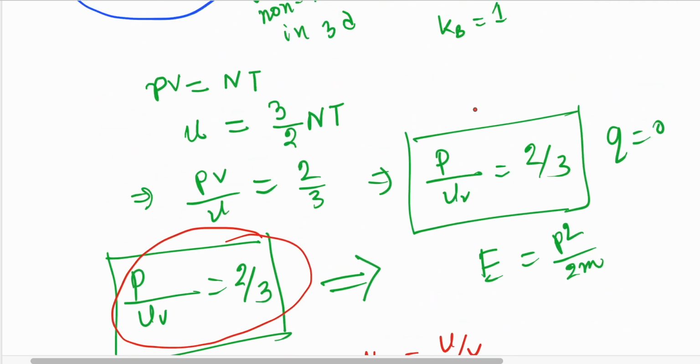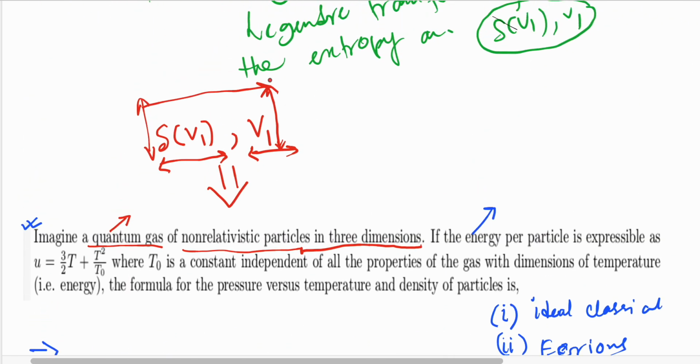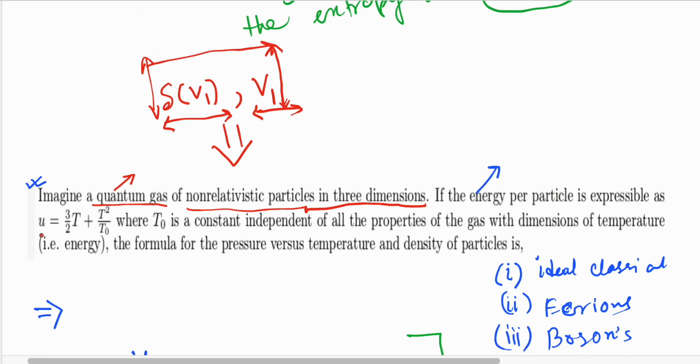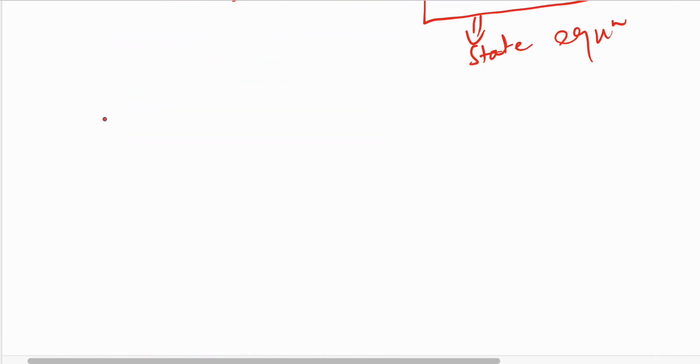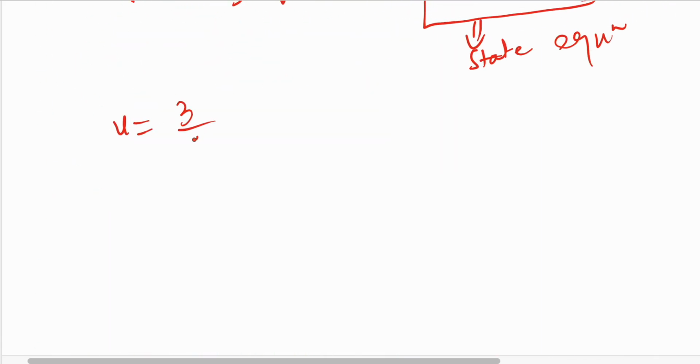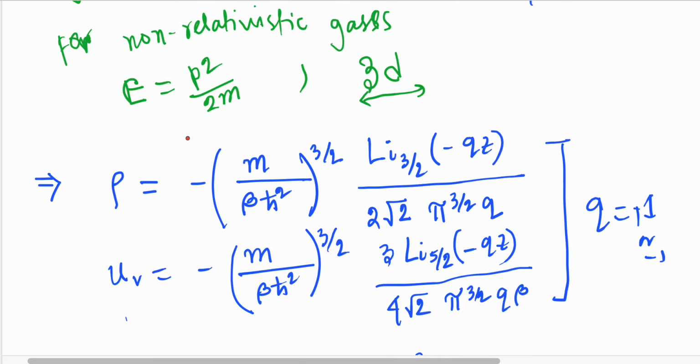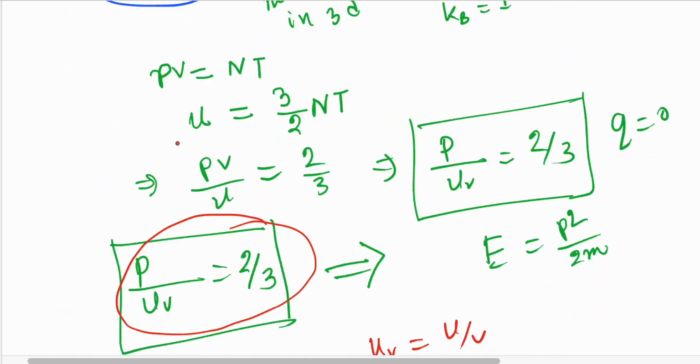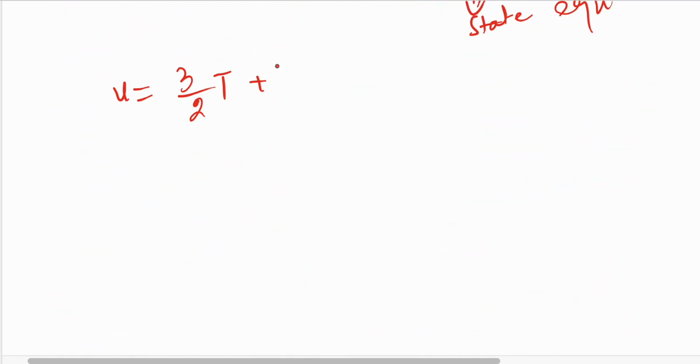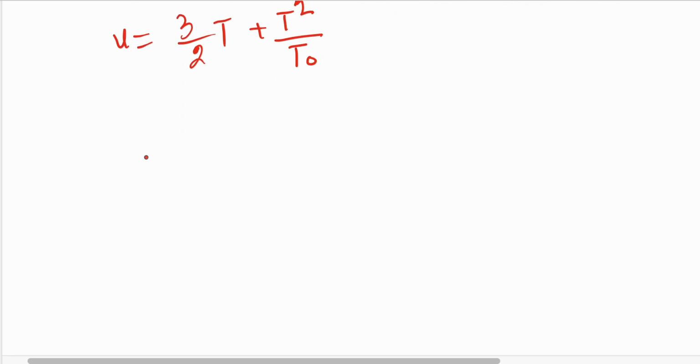Now it is straightforward. Just put the value of U here and I will get the result. So U is nothing but 3/2 T plus T square by T0.